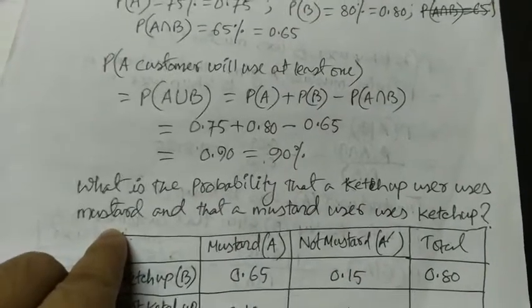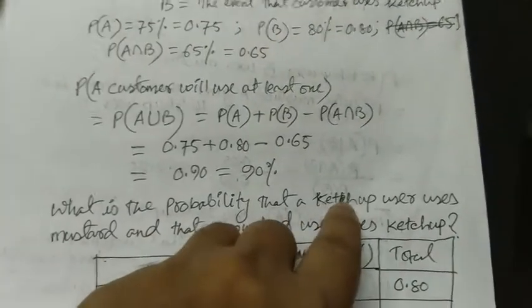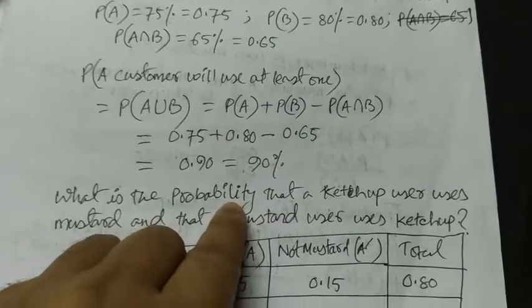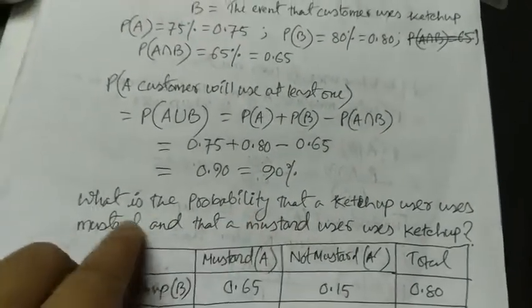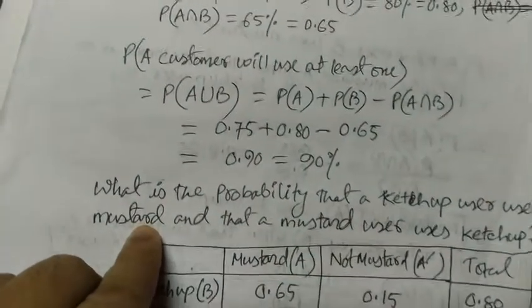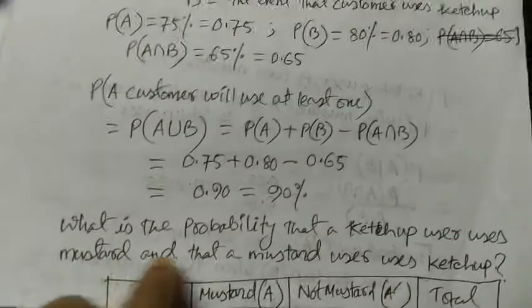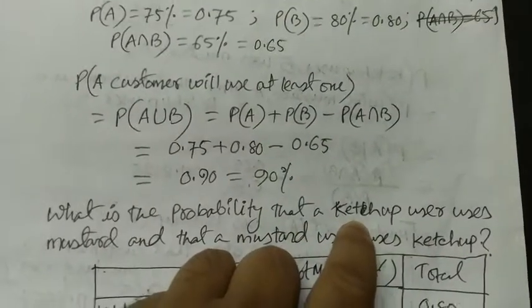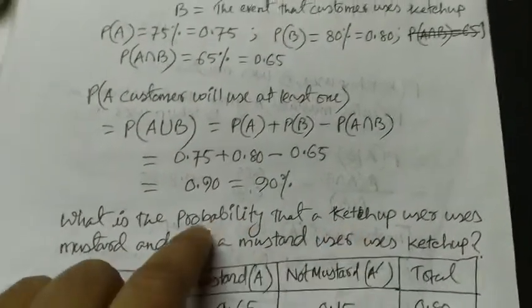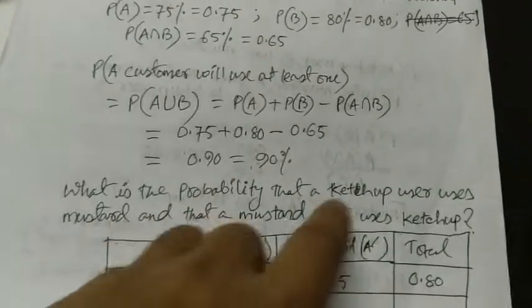Mustard is A and ketchup is B. That means probability of A given B.